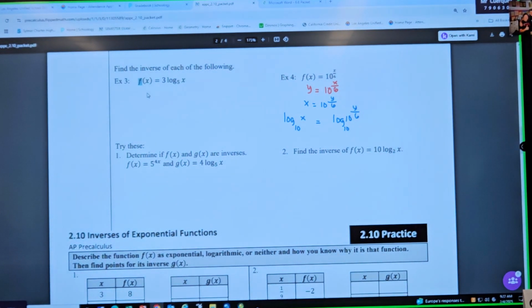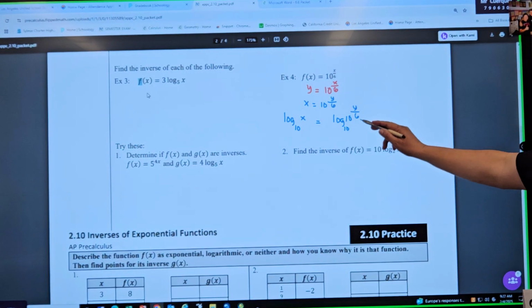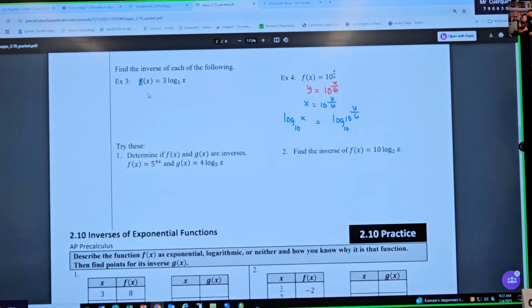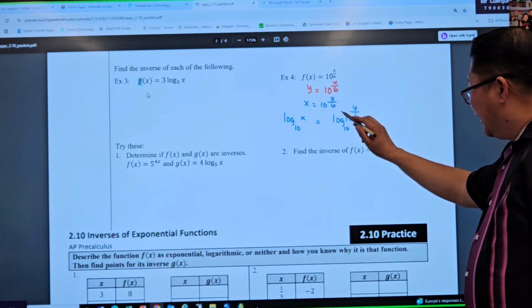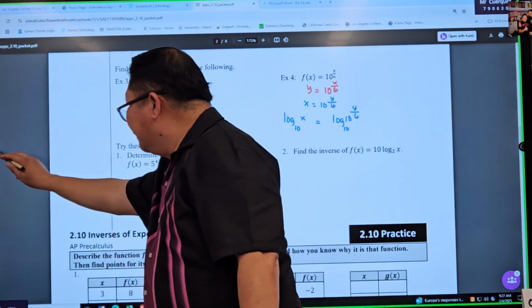Okay? But what is this equivalent to? Equivalent to 1, right? So this is equivalent to 1.